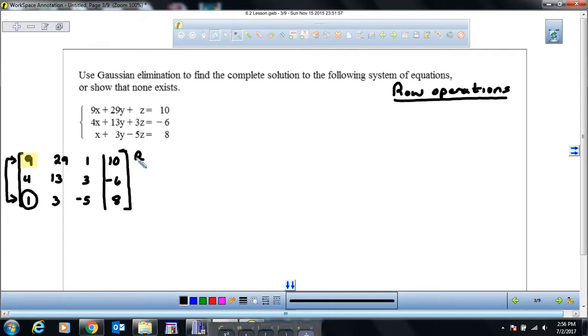Remember how you say that you're going to interchange? R1 double arrow R3. So that's the first thing we're going to have here. Let's rewrite the matrix with the first row on the bottom and the third row at the top. And of course, the middle row stays the same.